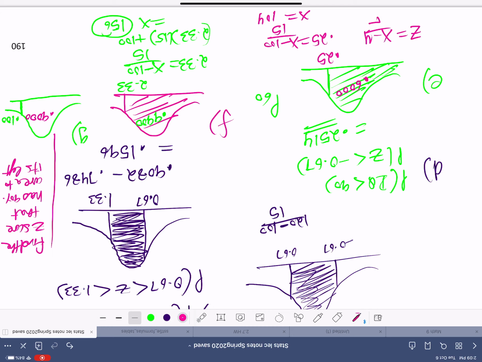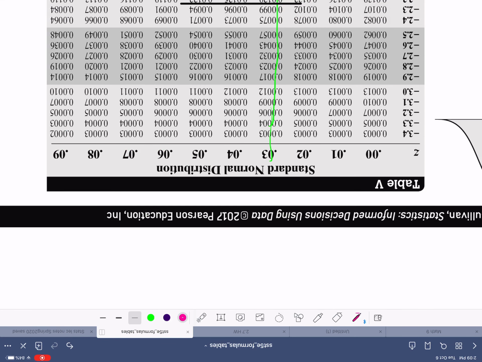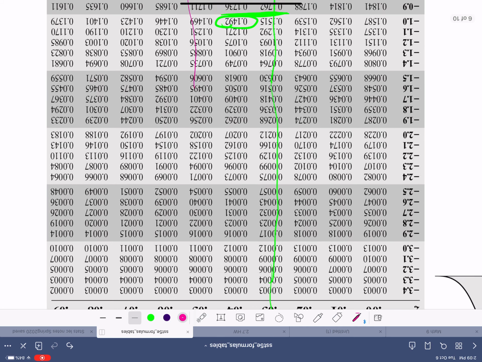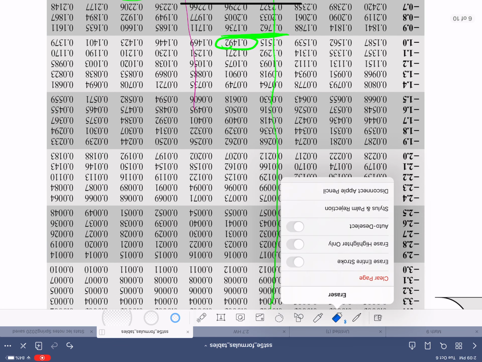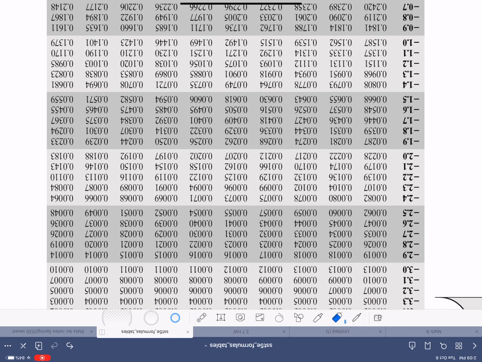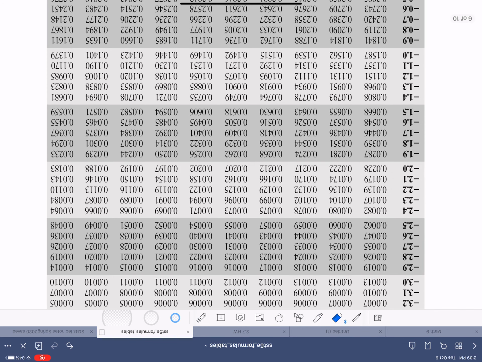So you can use a calculator, you can use inverse normal on the calculator, or you can read the table, find 0.9000 in the table and find out what the z-score is. Let's take a look. Let me clear the table really quick. And we're looking for 0.9000.